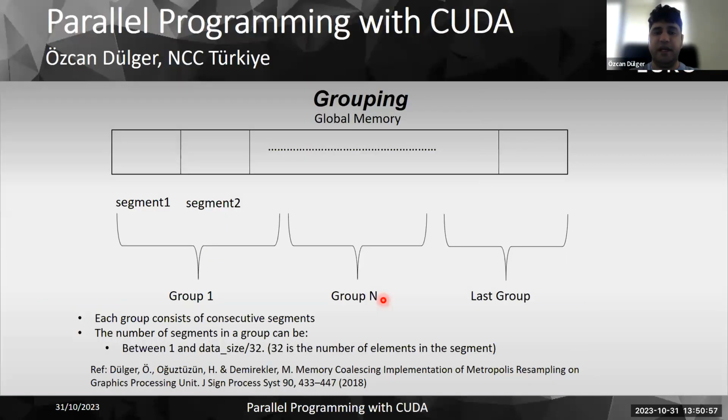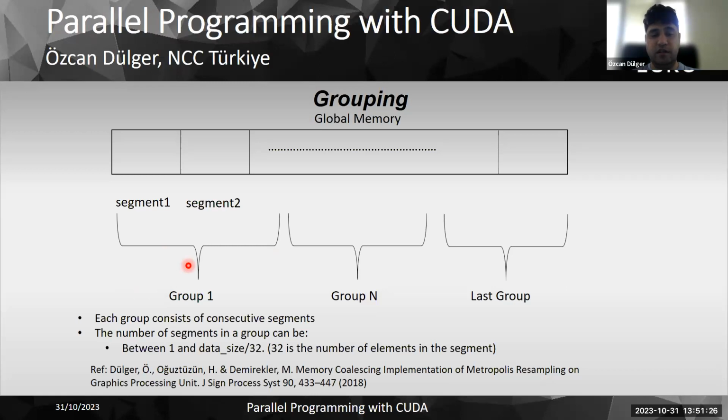We can use grouping. We can group a number of consecutive segments. Here, each group consists of consecutive segments, and the number of segments in these groups can be between 1 and data size divided by 32. 32 is the number of elements in the segment.